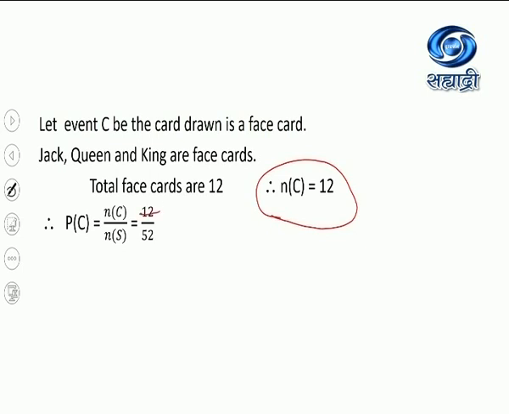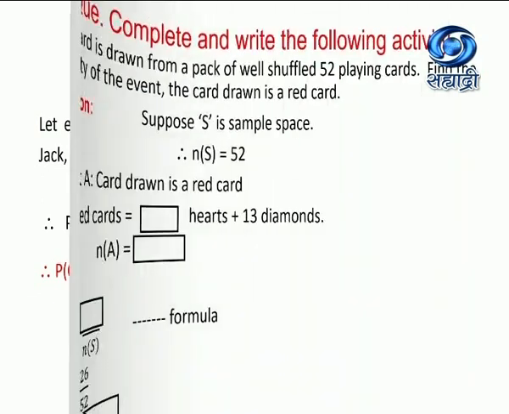Now let me cancel. 4 3s are 12, 4 13s are 52. Usually whenever we are writing any ratio, you write it in its lowest form. Therefore, P of C is equal to 3 upon 13. So children, this type of examples is going to be asked for 3 marks.